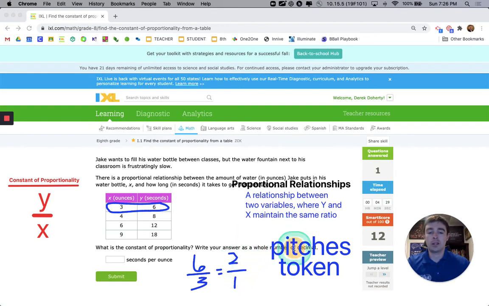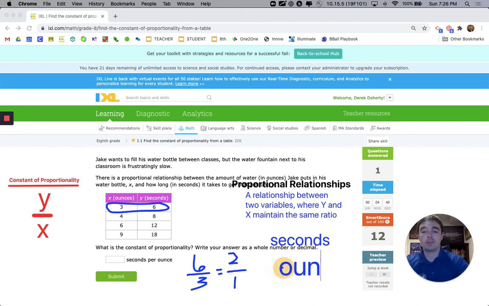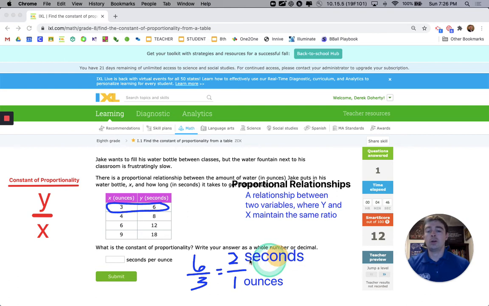So now we've changed our units, the y value is seconds, the x value is measuring ounces, and we'll go ahead and drag those in there as well. So this ratio of 2 over 1, or constant of proportionality, means it takes 2 seconds just to get 1 ounce of water. And we see from any other data point, we'll go ahead and pick the last data point here.